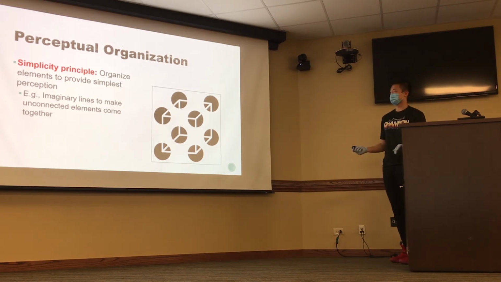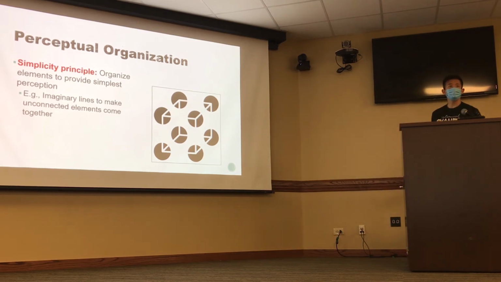Or is it just different types of circle shapes? Right? So your perception is telling you there is a box here because you're applying the simplicity principle. Right? Does that make sense?